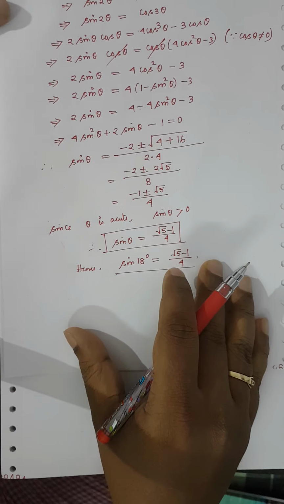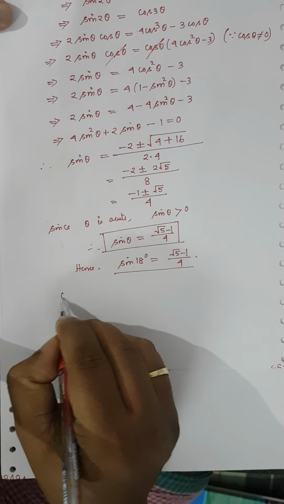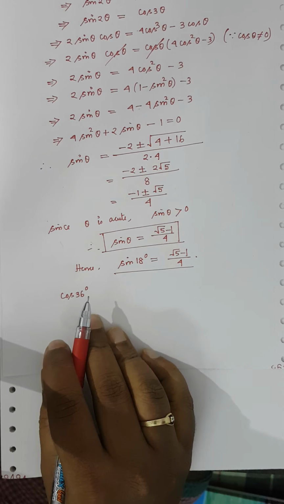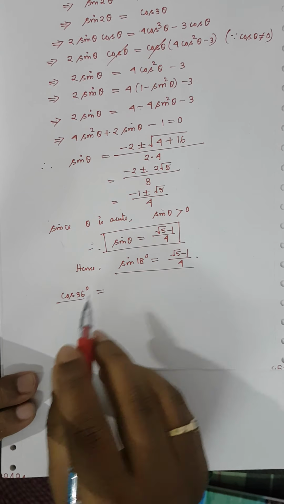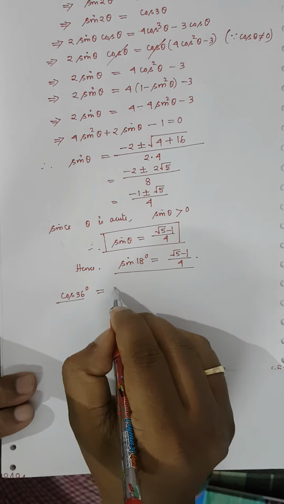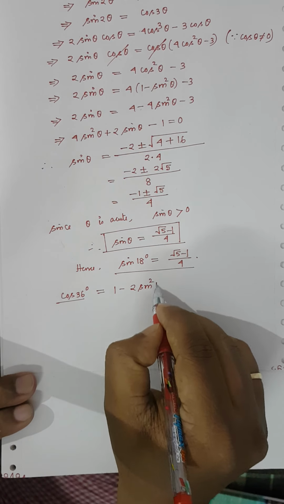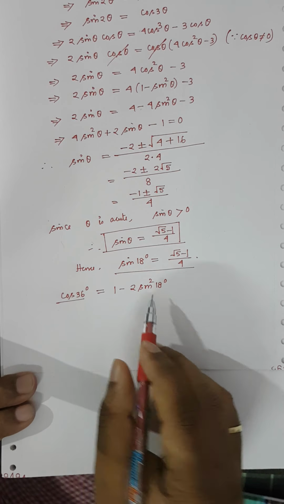Using this result we can find other trigonometric ratios also. For example, if you are asked to evaluate the value of cos 36 degree, then you can write cos 2a is equal to 1 minus 2 sine square a.